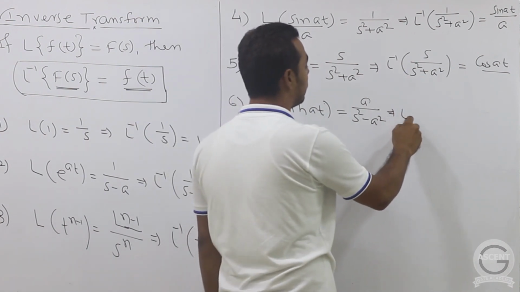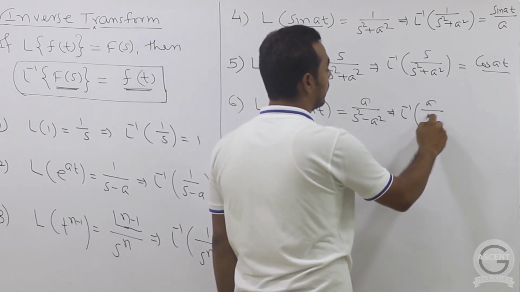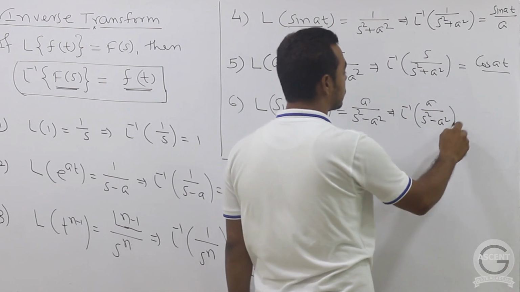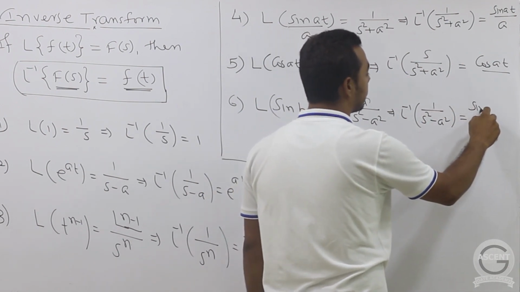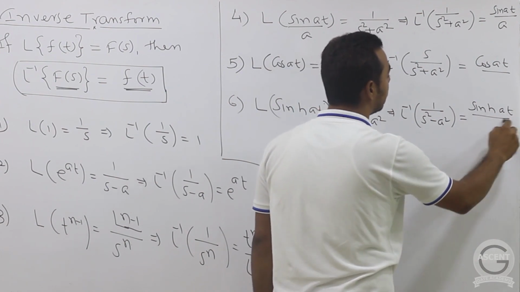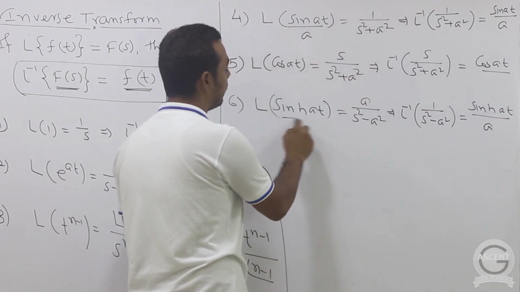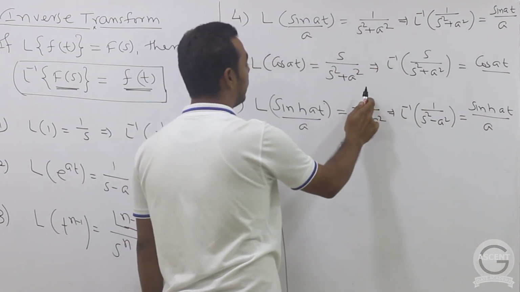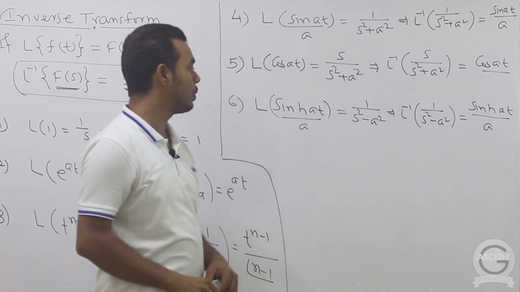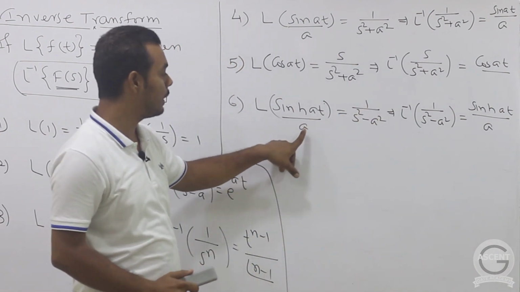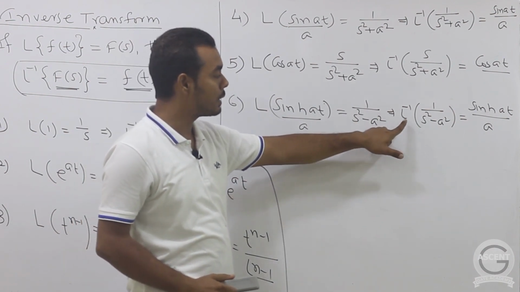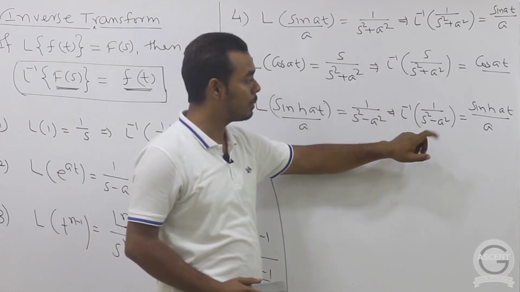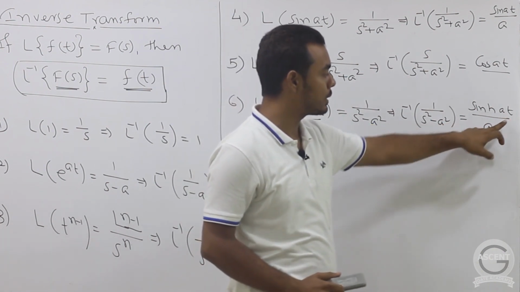So this means inverse transform of a/(s^2-a^2), or maybe I can write 1 here, will become sinh(at)/a. If I divide by a, then I will get 1 here. So Laplace transform of sinh(at)/a is 1/(s^2-a^2). So this means inverse transform of 1/(s^2-a^2) will be sinh(at)/a.